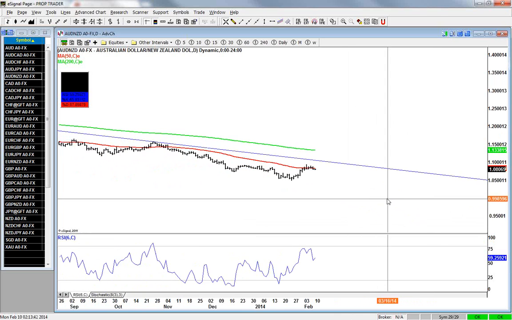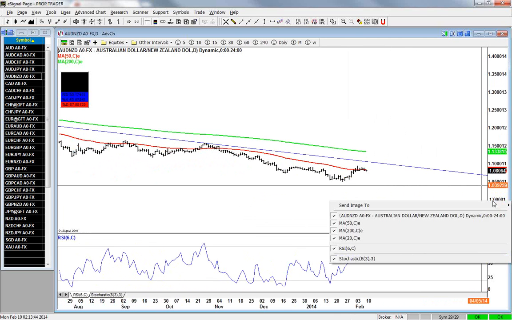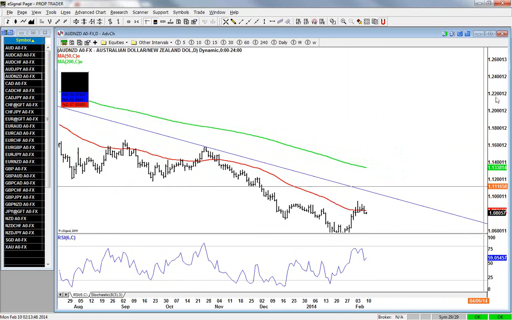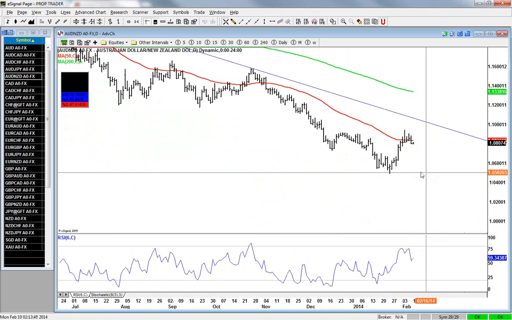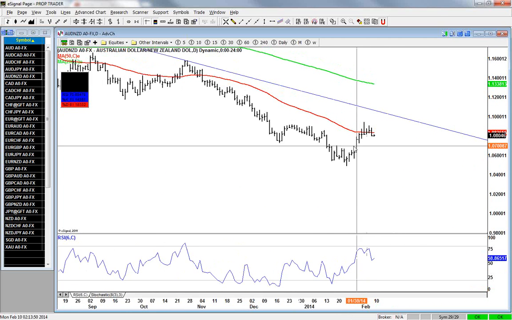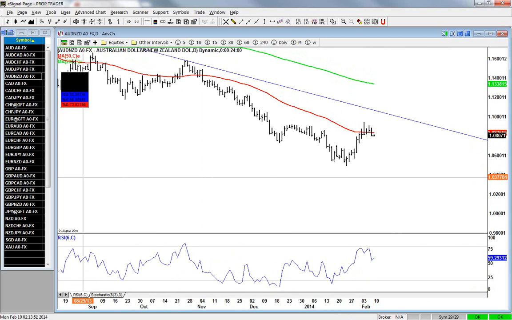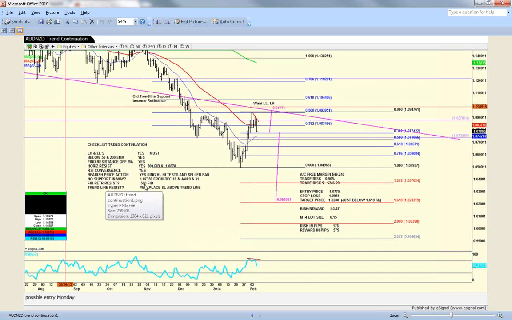Yeah, all looking pretty good. To be going short again. So, fib resistance 50, target price just below the 1.618. Cool. Risk reward is 1.327. Risk in pips 176, 575. Cool. That's fabulous.